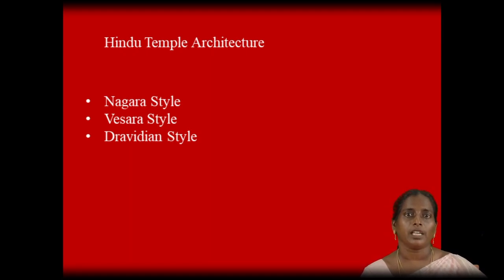The difference between Nagara and Vesara style is the shape of the base of the temple. The base of the Nagara style temple is square in shape. The Vesara style is based on Bhumija Bani, semi-circular in shape.